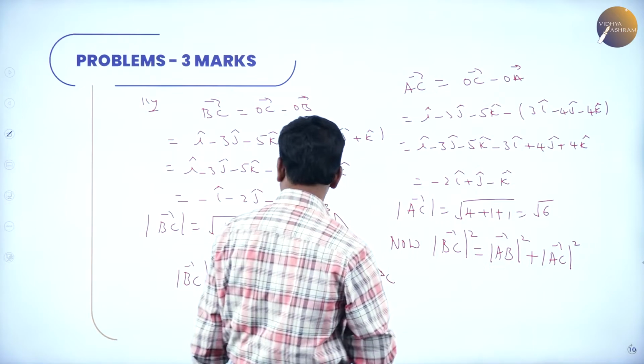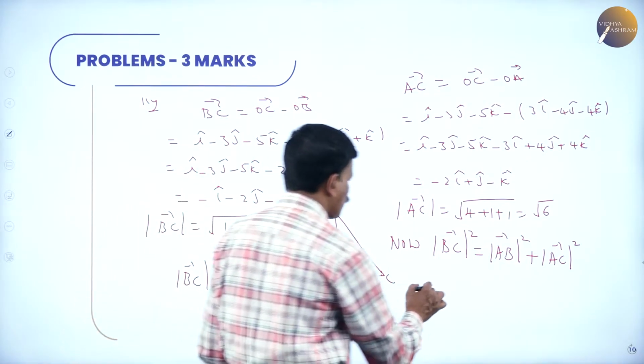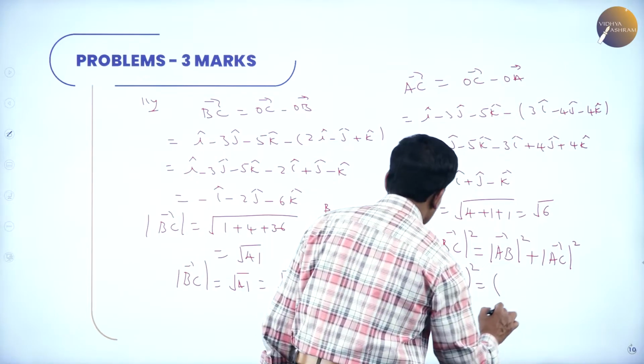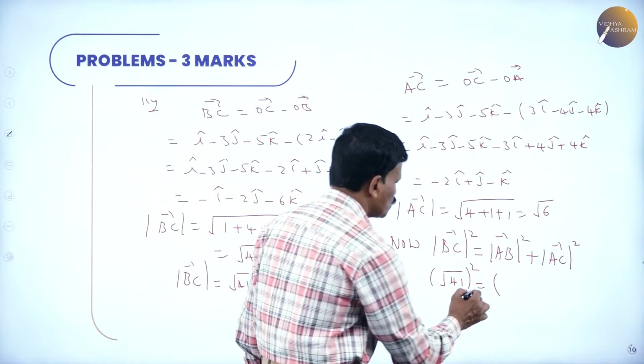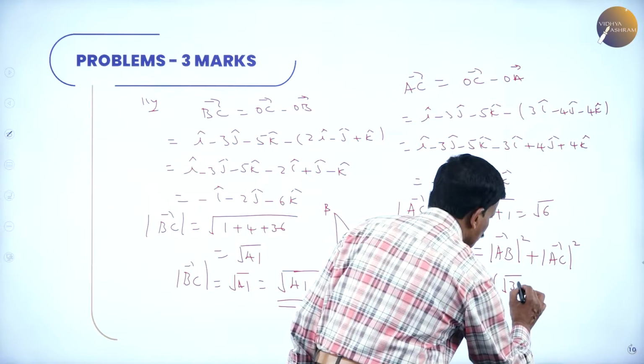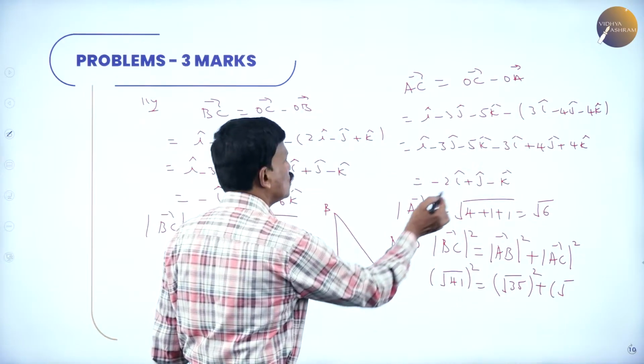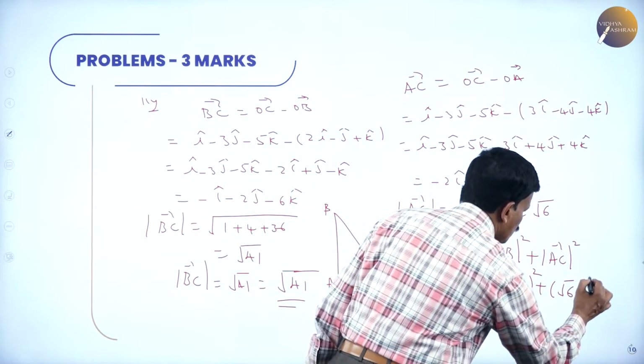See, what is BC? BC is equal to root of 41. Root of 41 whole square is equal to AB, what is AB? Root 35 whole square, plus what is AC? AC is equal to root of 6 whole square.